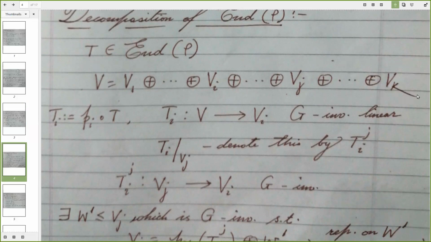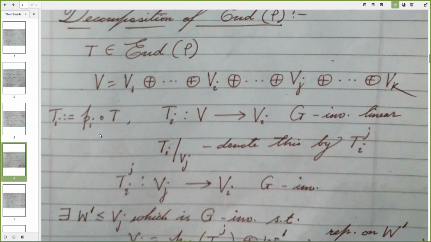T sends an element of V to V. So what we will do now is, for any given v in V, Tv is a member in V, and we are going to consider the ith component of Tv. So formally we will consider the following composition: the composition of T with respect to the projection map P_i.